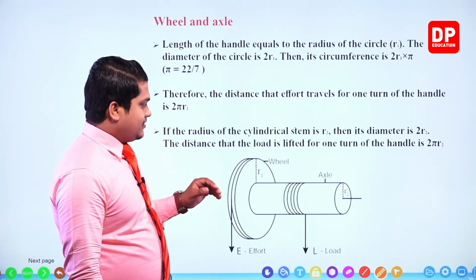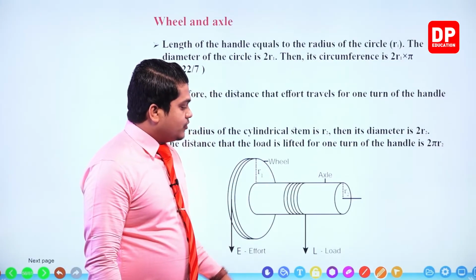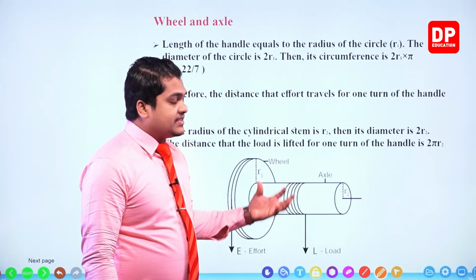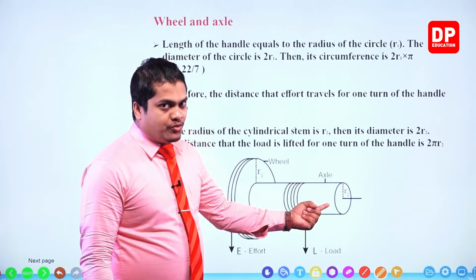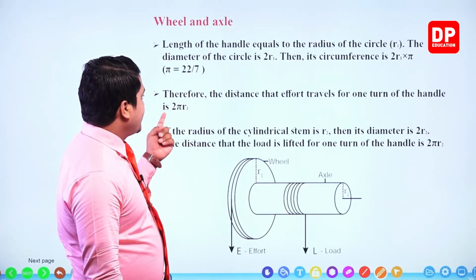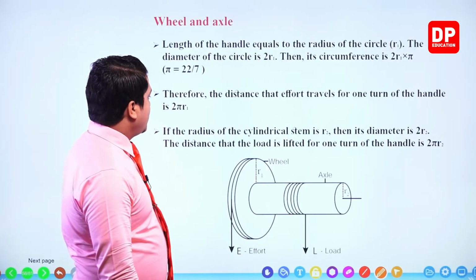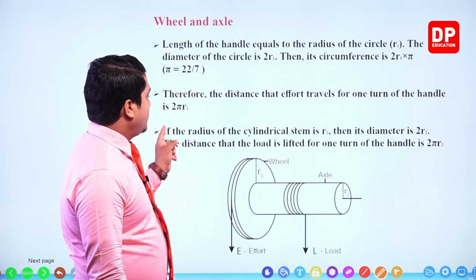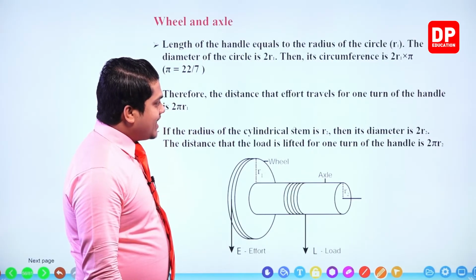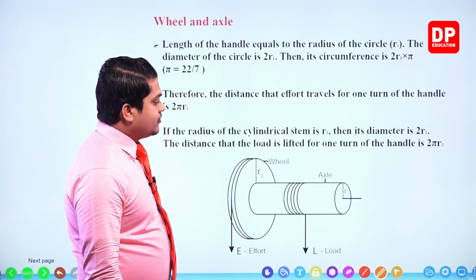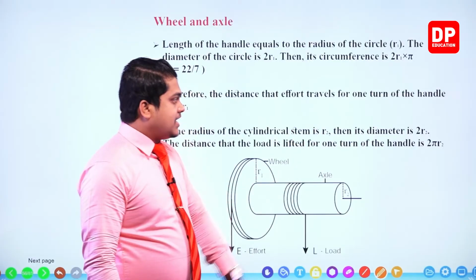Then in the same way, you can see that here it is marked as R2. So the distance traveled by the load in the same time should be equal to 2 pi R2. If the radius of the cylindrical stem is R2, then its diameter is 2 times R2.